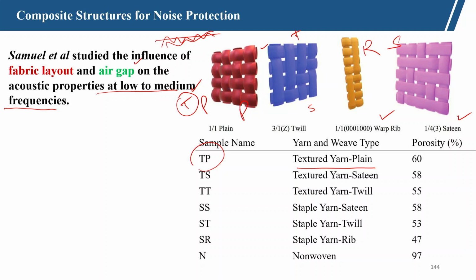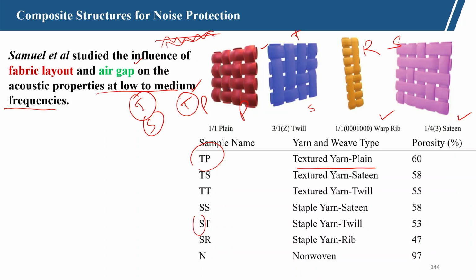These are the fabric structure codes, and for the yarn, T is the textured, which is used as the first letter of the two-letter sample naming, and S is the staple.